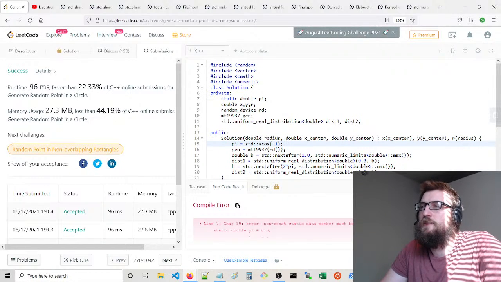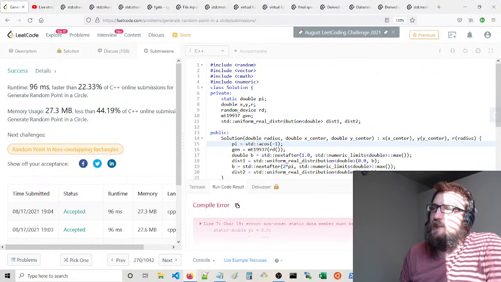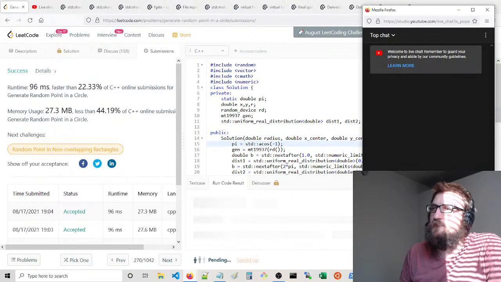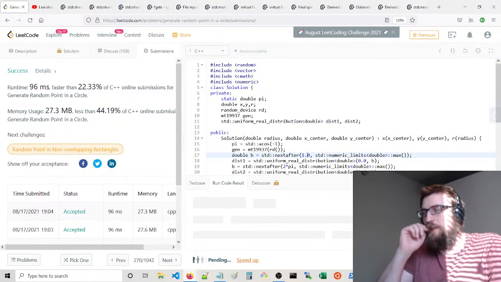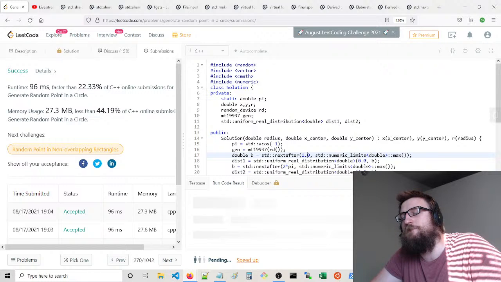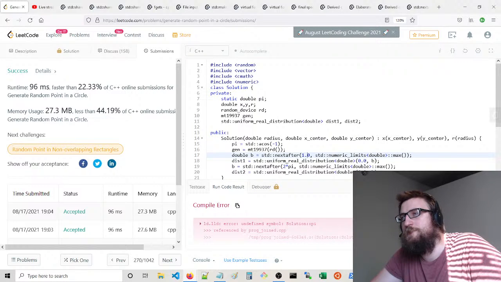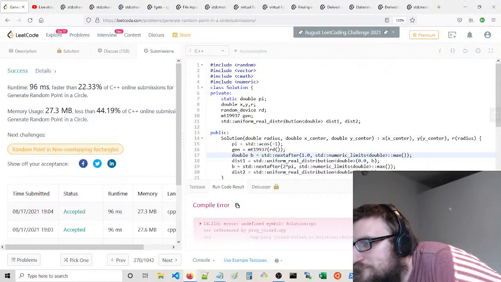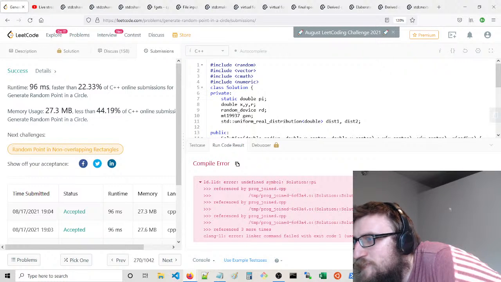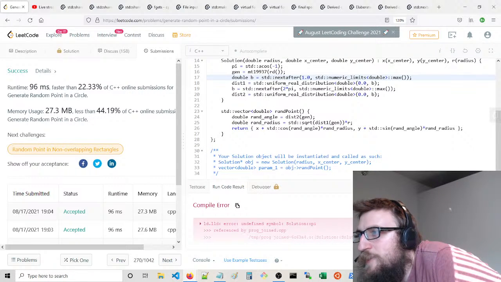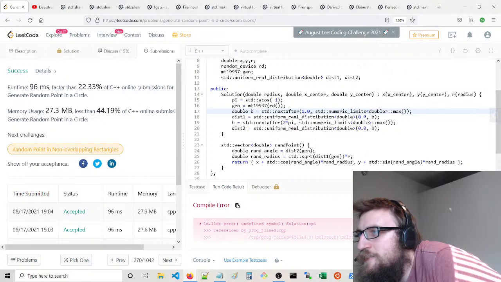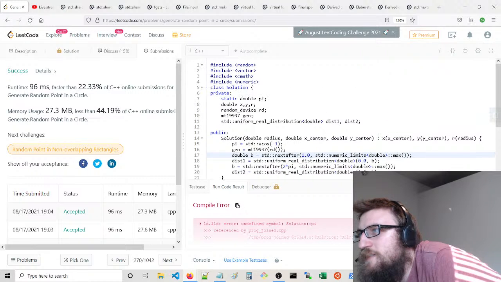But the problem with that, actually, this really shouldn't be that big of a deal. Sorry, I'm trying to speed up this calculation for this problem. Undefined symbol pi, solution pi.